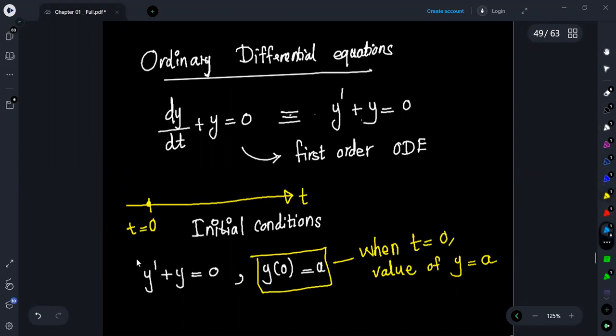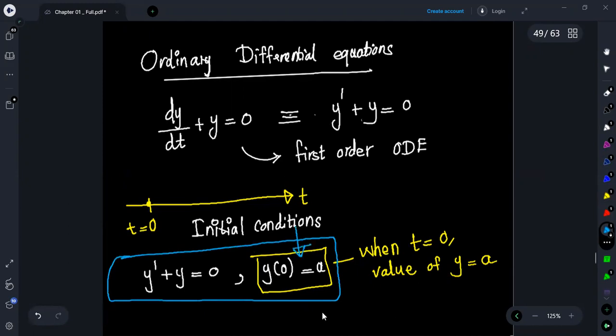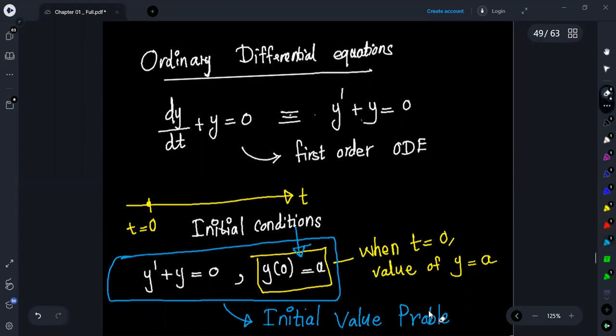If we write an ordinary differential equation with this type of additional condition, we call this additional condition the initial condition, and then this entire problem becomes an initial value problem. We use the abbreviation IVP to represent initial value problem.